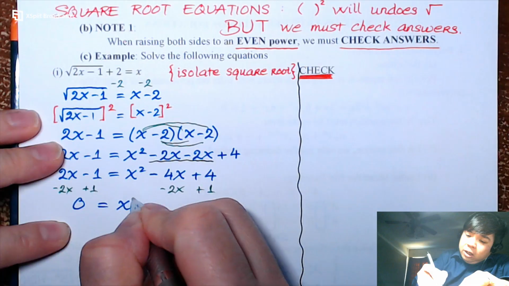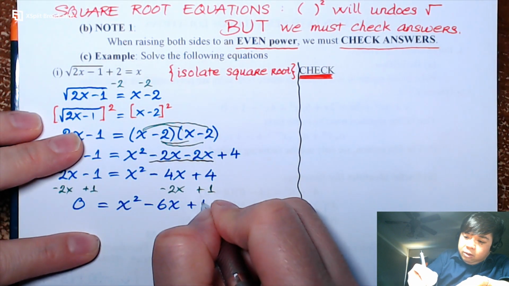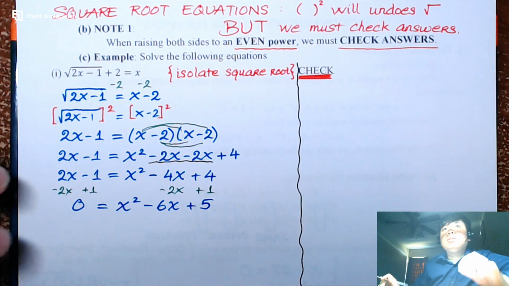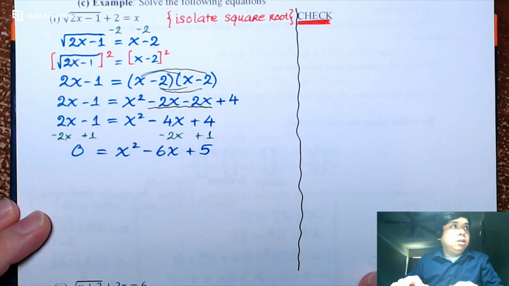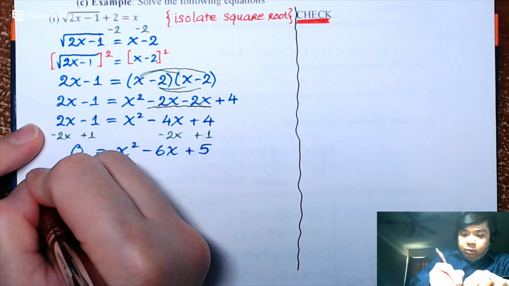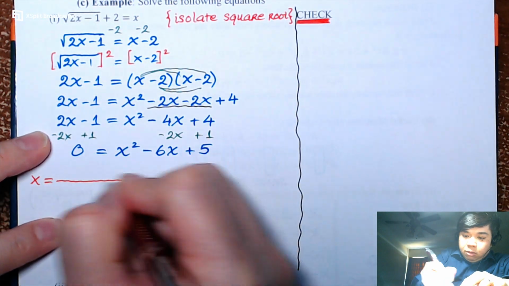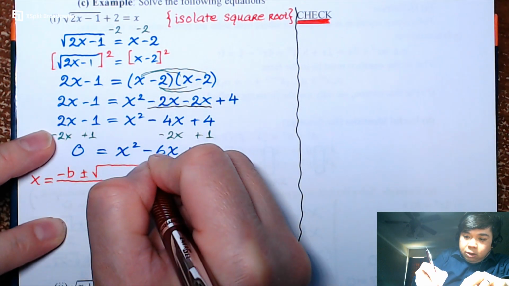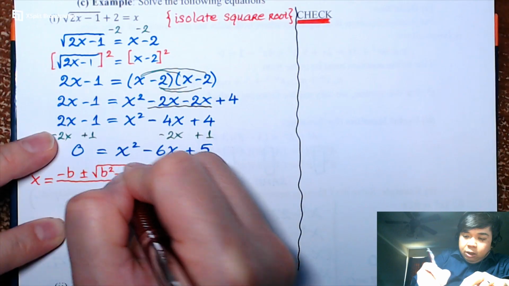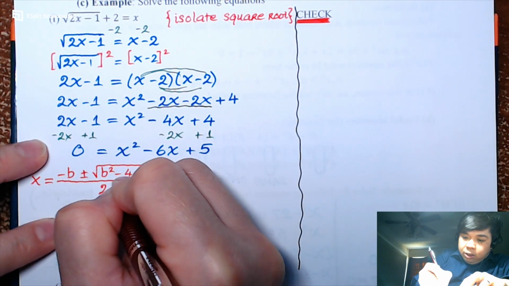So x squared minus 6x plus 5. And we can use the quadratic formula: negative b plus or minus the square root of b squared minus 4ac, over 2a.